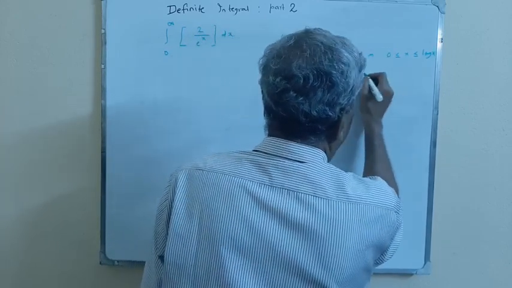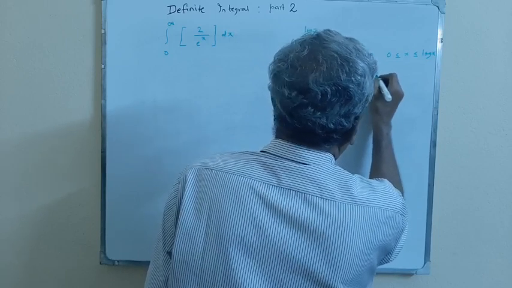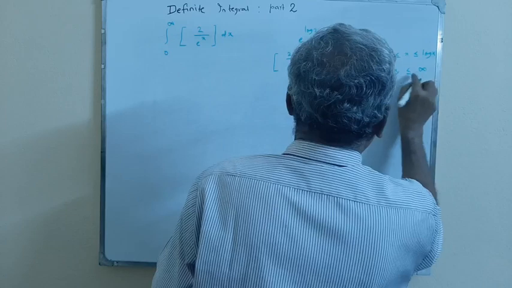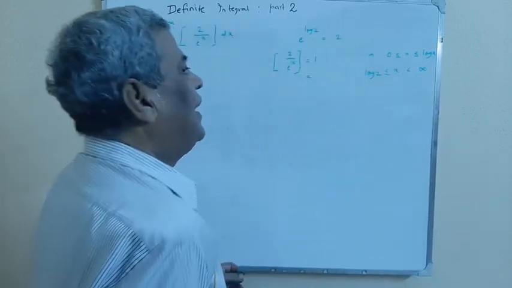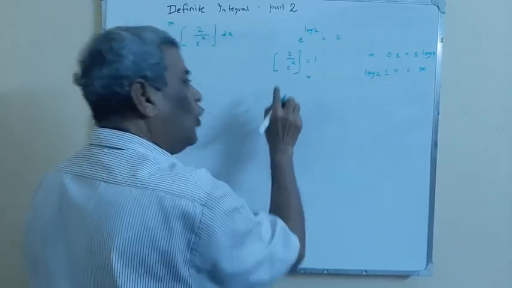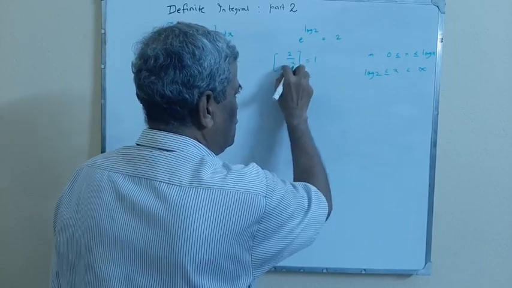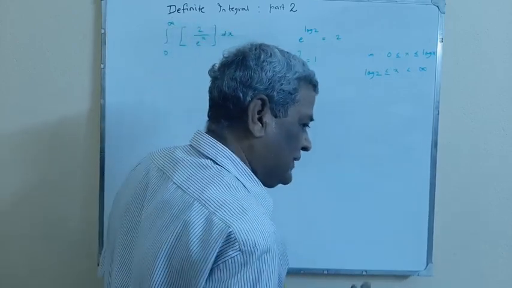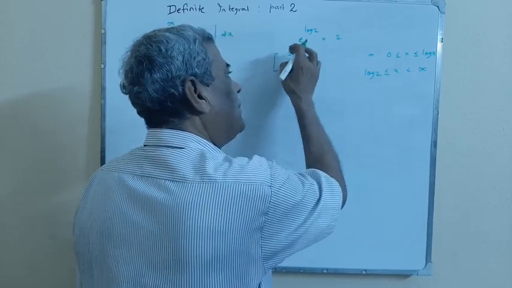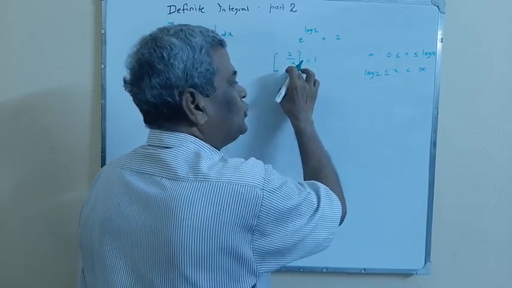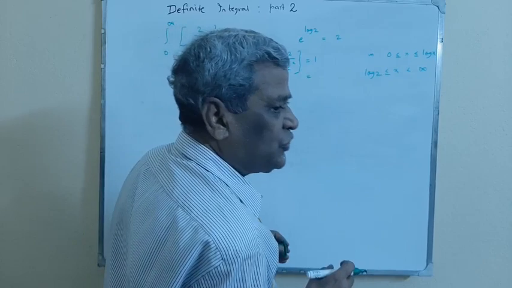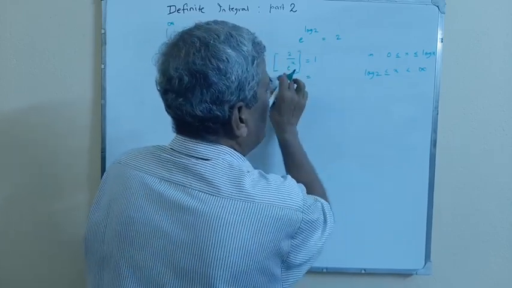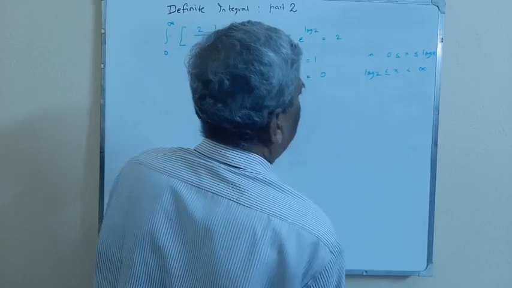And for log 2 less than or equal to x less than infinity, at log 2, e^x is 2, so 2 by 2 is 1. Immediately after that, it is 2 by more than 2, so it is a fraction less than 1, so this will be equal to 0.